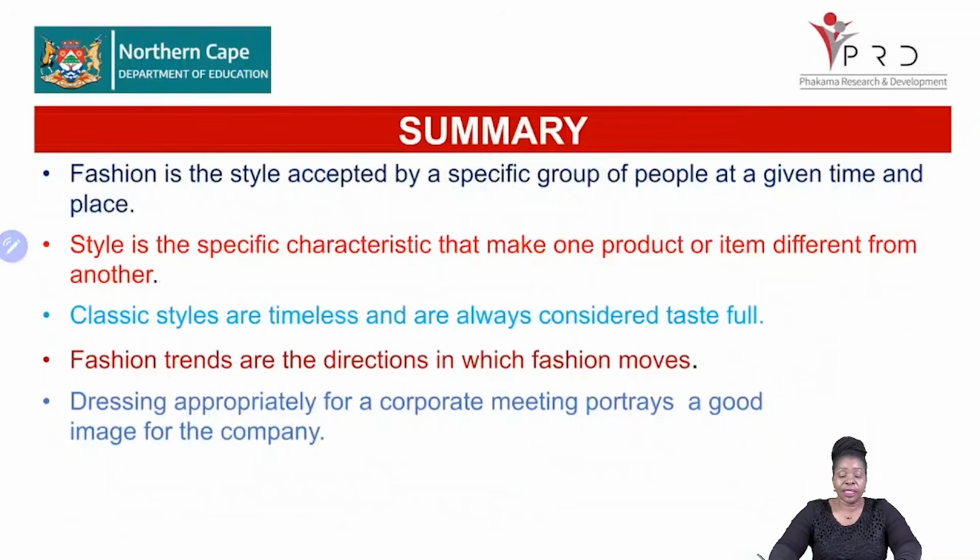We also said classic styles are timeless and are always considered tasteful. Also, fashion trends are the directions in which fashion moves. And dressing appropriately for a corporate meeting portrays a good image for the company.